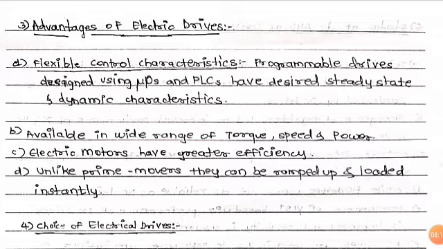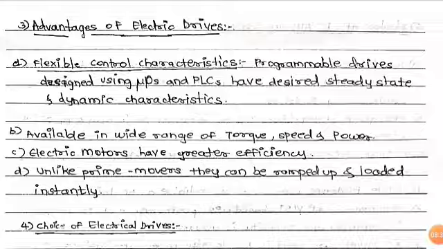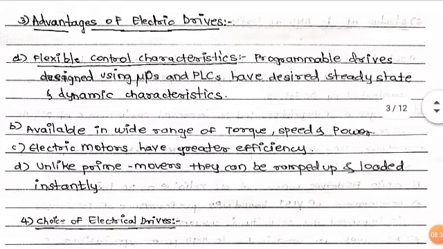The 4 quadrants means, suppose you take y-axis speed and x-axis torque. Then first quadrant means positive speed, positive torque. That is called motoring operation. Then the second quadrant, positive speed, negative torque.